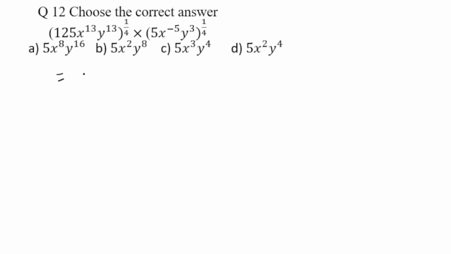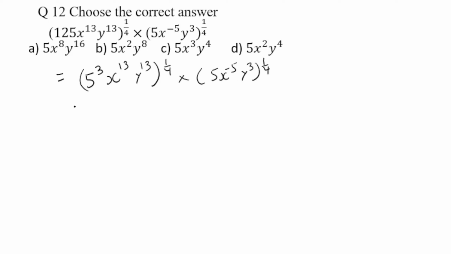We can write 125 as 5 to the power 3, x to the power 13, y to the power 13, to the power 1 divided by 4, multiply 5 x to the power minus 5, y to the power 3, to the power 1 by 4. Now we have to use the power of exponent property.